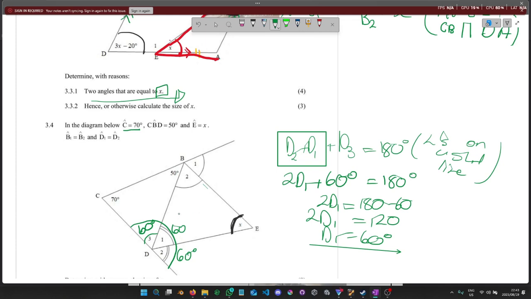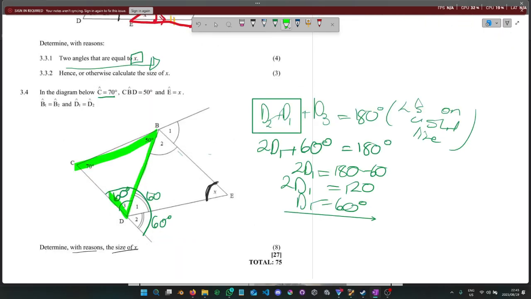So what we can do next is either do the exact same thing for this one, but instead of saying 60, we'll say 50. Or look at this here. This is a triangle.